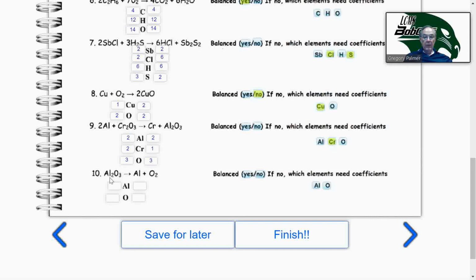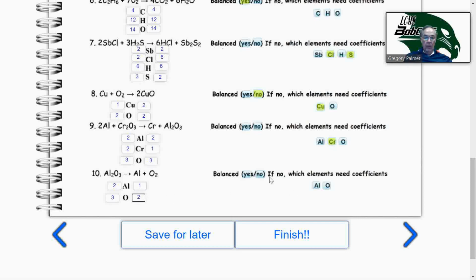Okay. This last one, we have this aluminum oxide. It's going to break down and decompose into aluminum and oxygen. So in the Al2O3, we have 2 aluminums and 3 oxygens. It's going to yield or produce 1 aluminum and 2 oxygens.